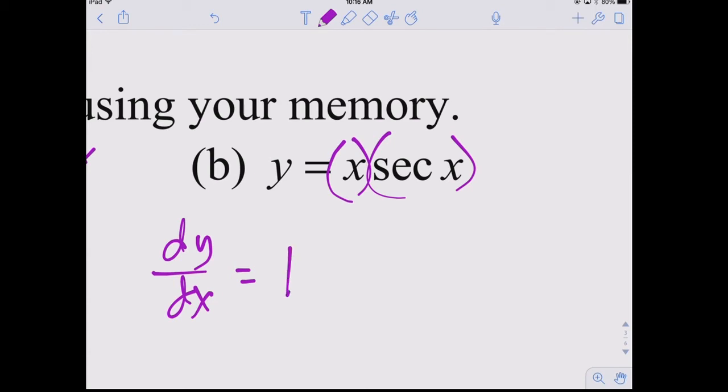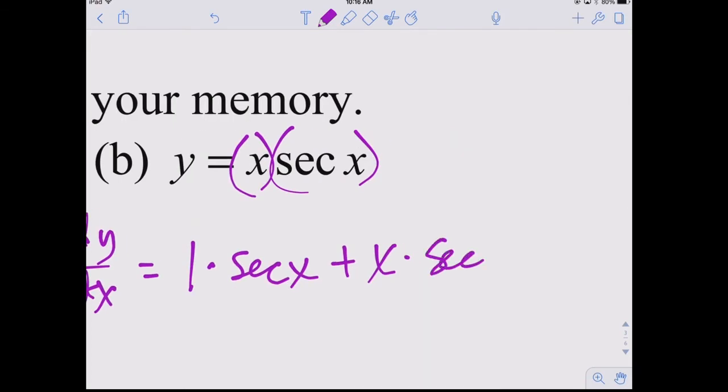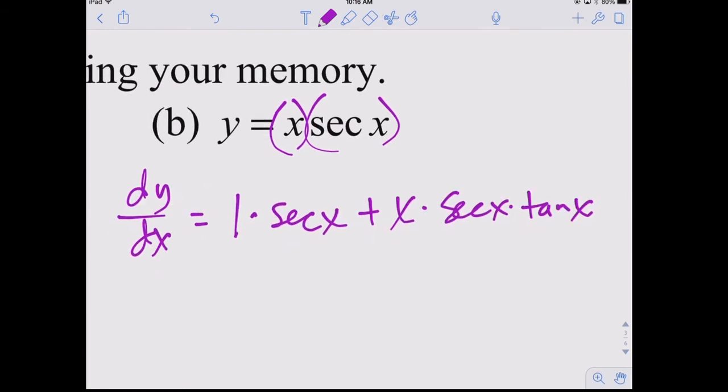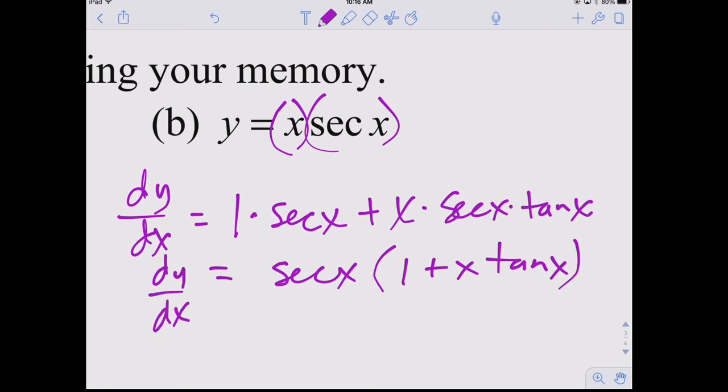So the derivative of x is 1 times the second goes along for the ride, right? 1 derivative per term. Plus, now it's secant's turn to go, and the derivative of secant is secant x times tangent of x. And you're essentially done. You could factor out a secant if you preferred. Thinking about later on what we might want to do, that would be secant x times 1 plus x tangent of x. But for now, you don't even need to do that.